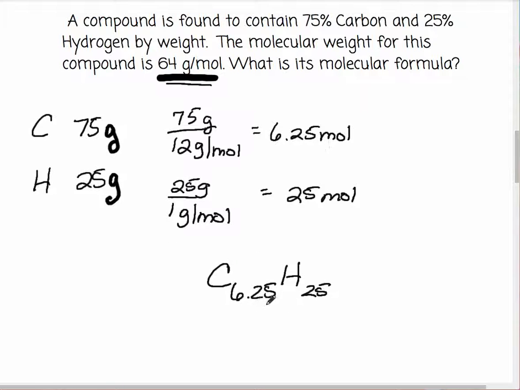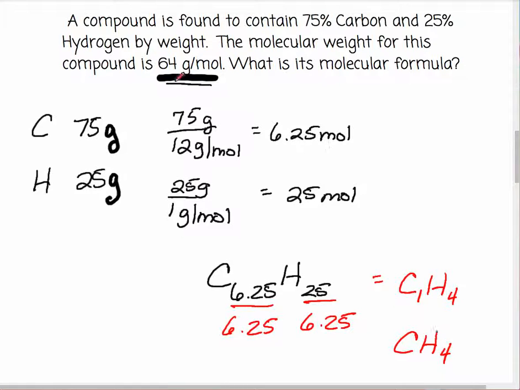So to get the lowest whole number ratio, we're going to divide both of these by the smallest number. 6.25 is the smallest, and we get carbon with a subscript of 1, because 6.25 divided by itself is 1, and hydrogen with a subscript of 4, because 25 divided by 6.25 gives us 4. We don't have to write this 1, so our empirical formula looks like this, CH4.